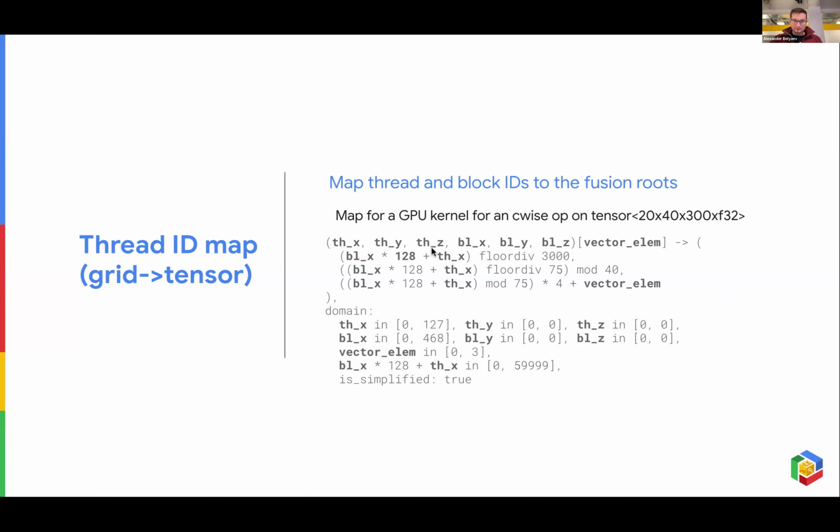In this indexing map, you can see that the dimensions are IDs of threads and blocks, and the symbol is a vector element, because sometimes every given thread can read, let's say, 4 elements. If we are talking about F32, we can read 4 elements at the same time. So that's how we model thread ID mapping.